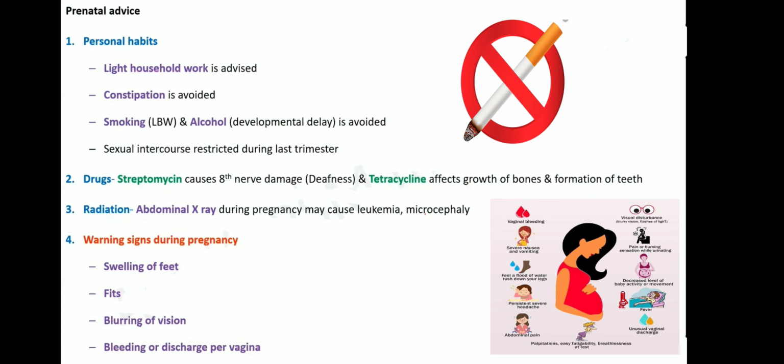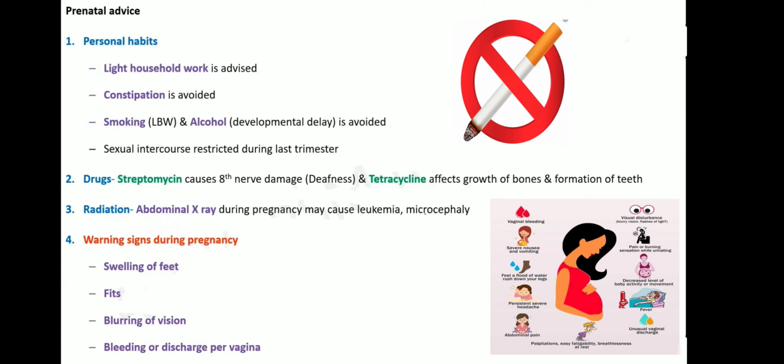Smoking, we know it should be cut down, because it will prevent a low birth weight baby. If she does not cut down smoking, then she has to be prepared to get a low birth weight baby. So, moving on. Heavy drinking causes fetal alcohol syndrome, FAS, where there is intrauterine growth retardation and developmental delays in the baby.